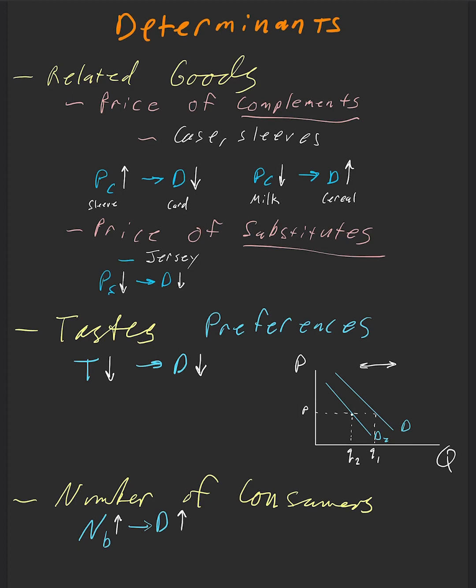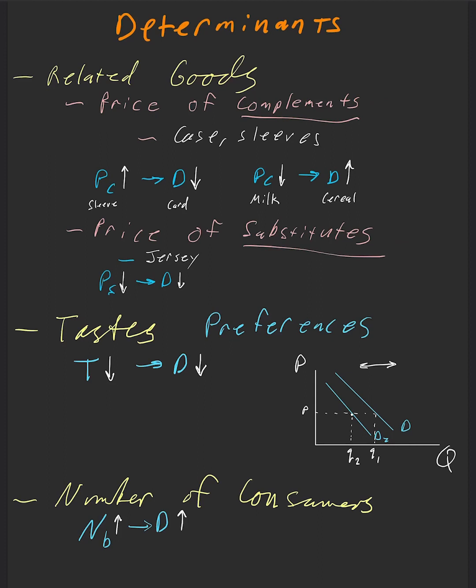But to me, kimchi and Cheerios are not complements. But for my father, they are complements. He likes to eat them together, right? And so the taste and preferences inform what are the related goods, or normal and inferior.